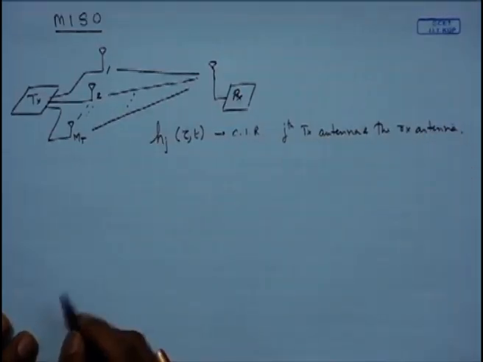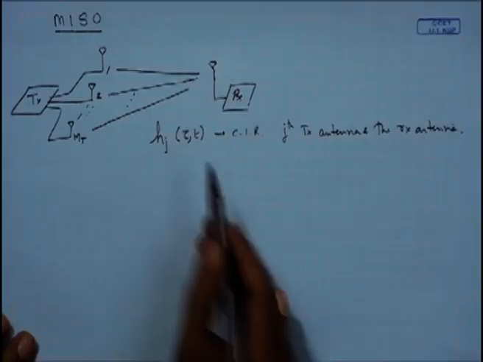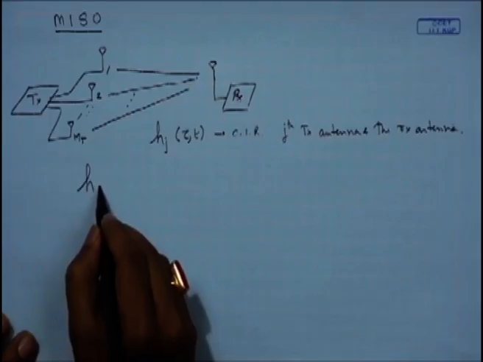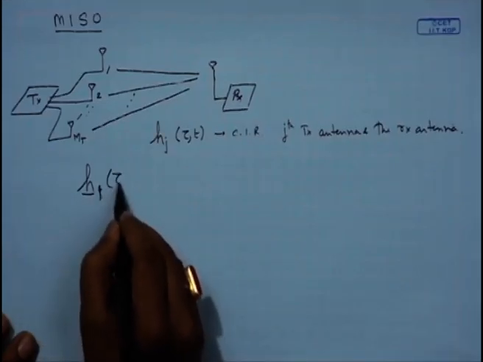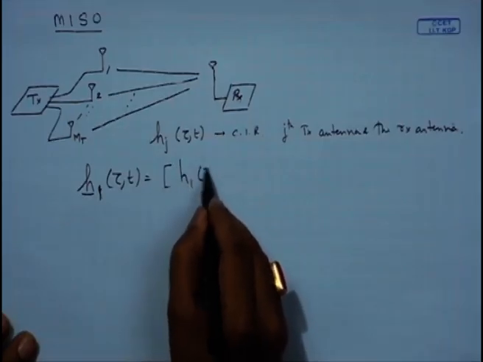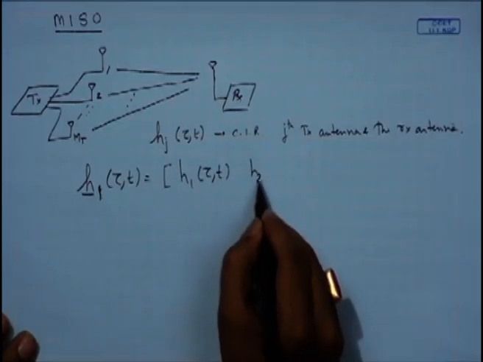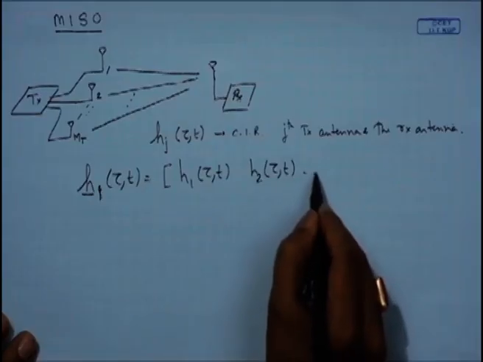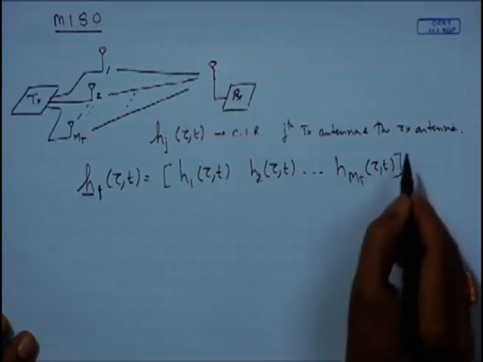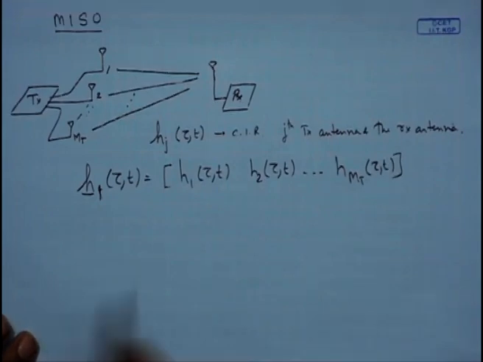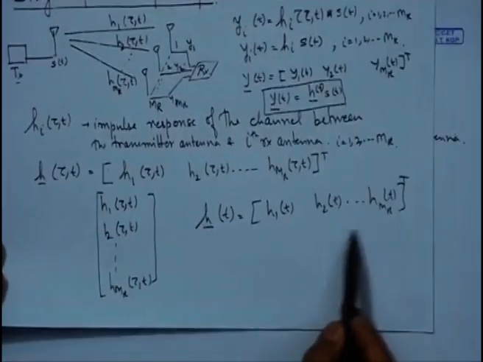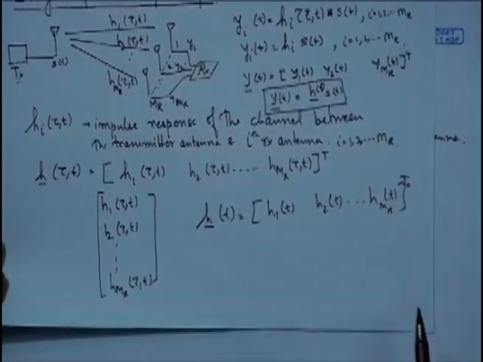So that is the way to write it, hj of tau comma t, and the vector h of tau comma t is h1 of tau comma t, h2 of tau comma t up to h MT of tau comma t, no transpose anymore.